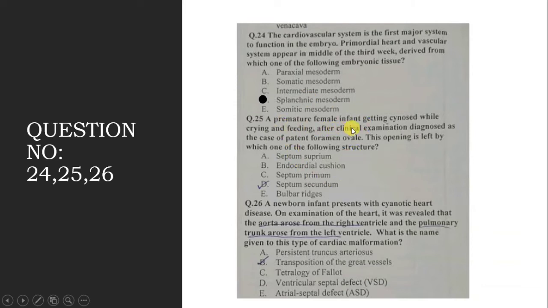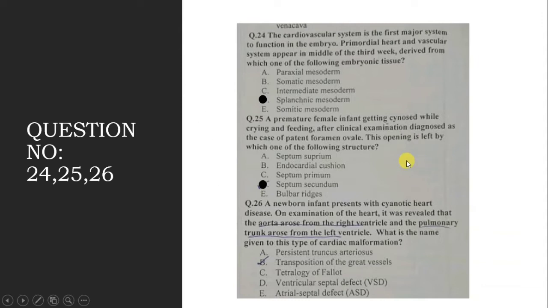A premature female infant gets cyanosed while crying and feeding. After clinical examination, she is diagnosed as a case of patent foramen ovale. This opening is left by which of the following structures? Septum primum, endocardial cushion, septum primum, septum secundum, or bulbar ridges.